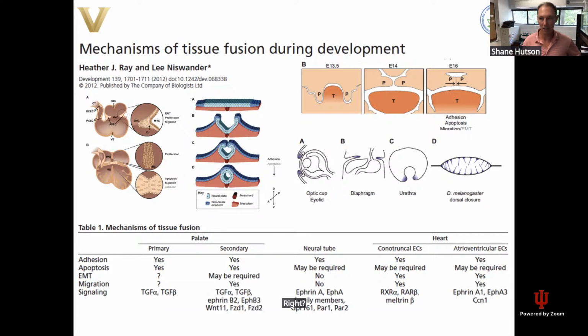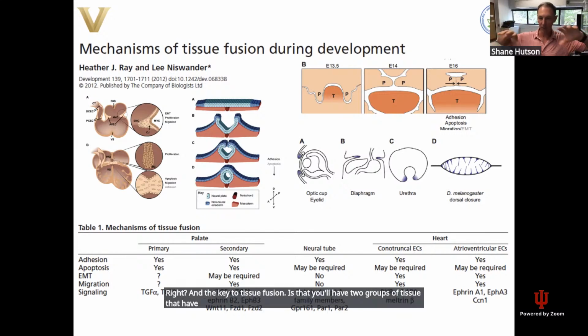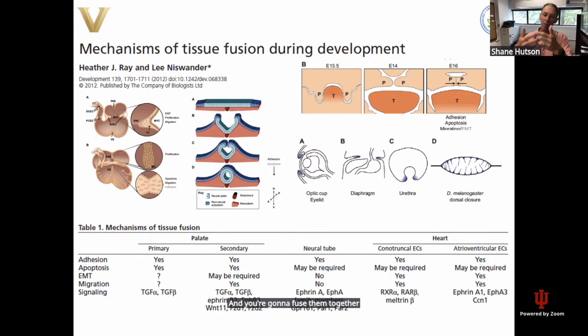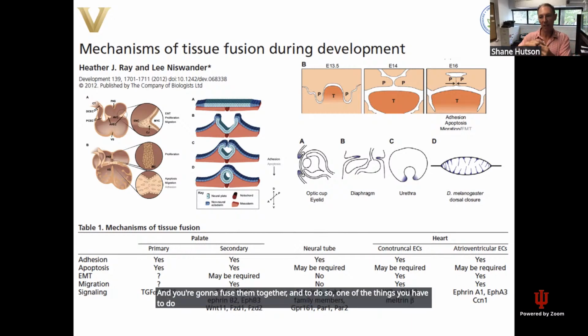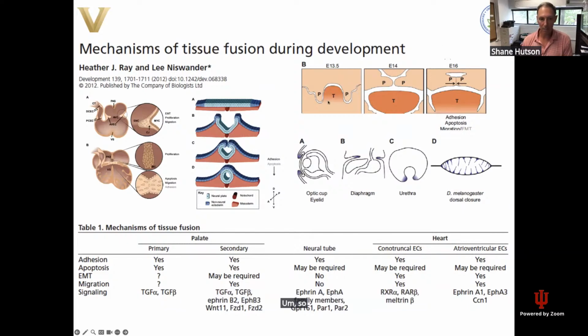Right? And the key to tissue fusion is that you'll have two groups of tissue that have some mesenchyme underneath, epithelial layers on the outside, and you're going to fuse them together. And to do so, one of the things you have to do is get rid of that epithelium that's separating the two, right? And have a single epithelium around the joined tissue. So we're looking at this in detail in palate.